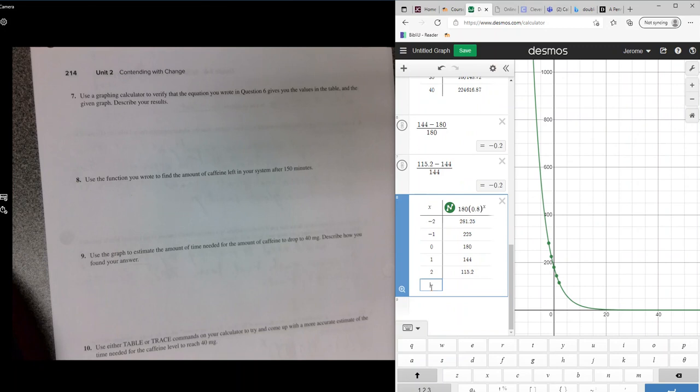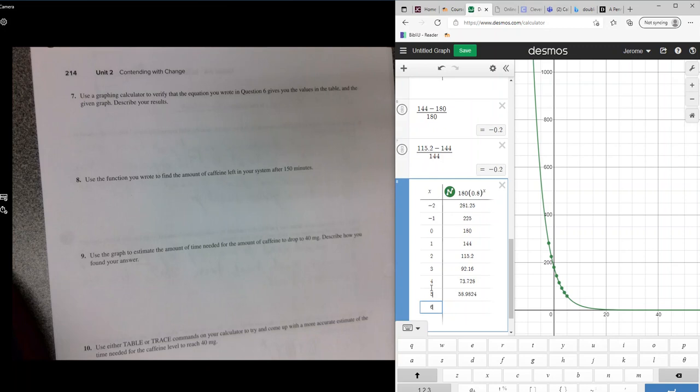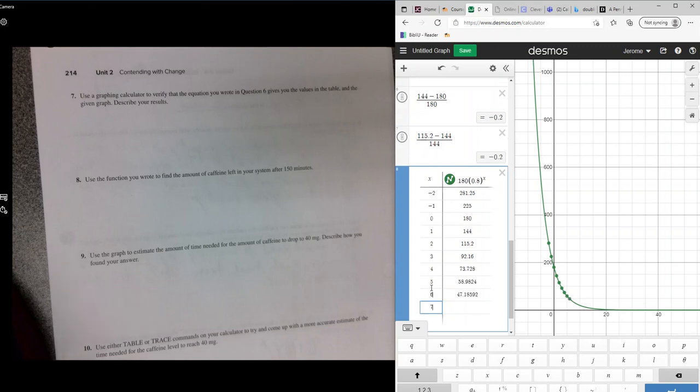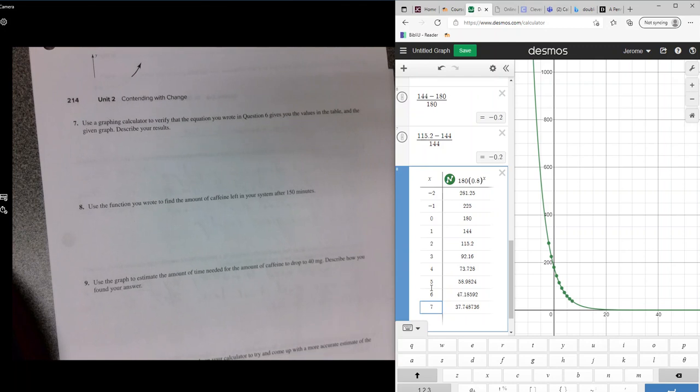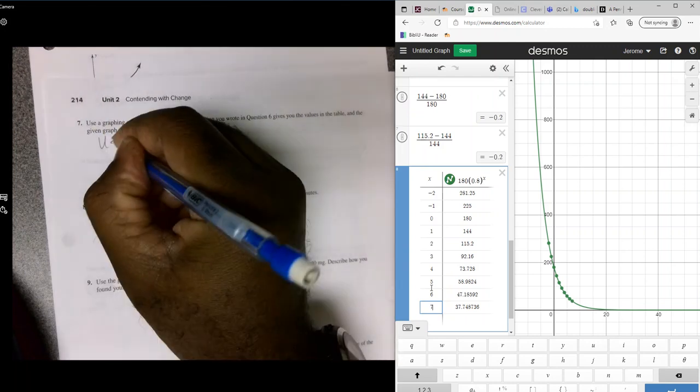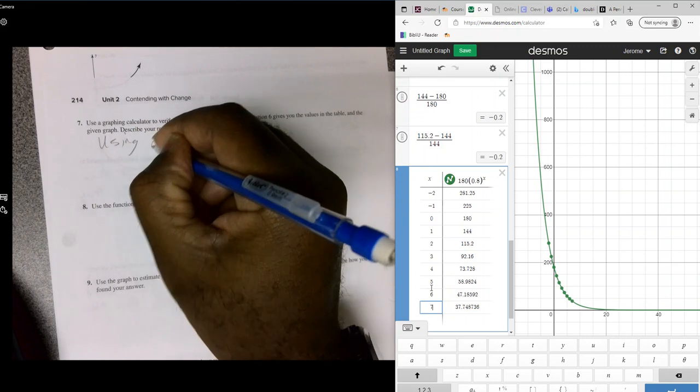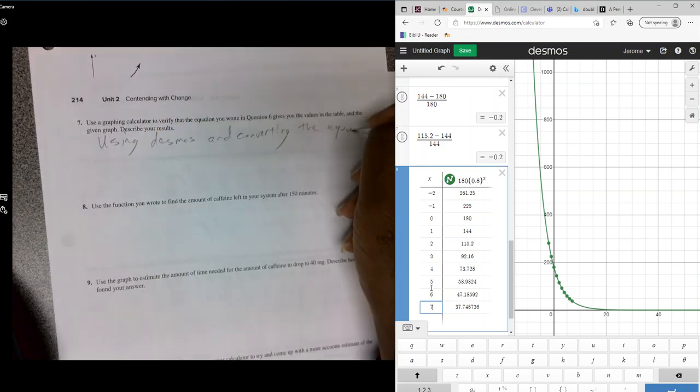So basically for number 7, it says describe your results using Desmos and converting the equation into a table. We see we get the same results.